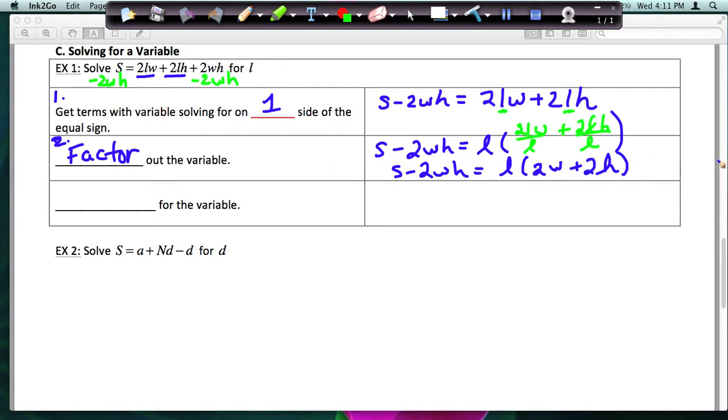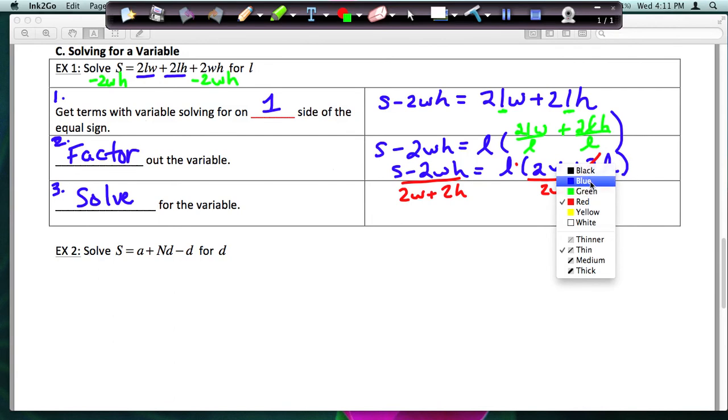Okay. Once you've factored out this variable, you can now solve for that variable. So the way to solve is this operation right here is multiplication. So to get the L by itself, I would need to divide both sides by 2W plus 2H to get these here to cancel. So I'm going to divide both sides.